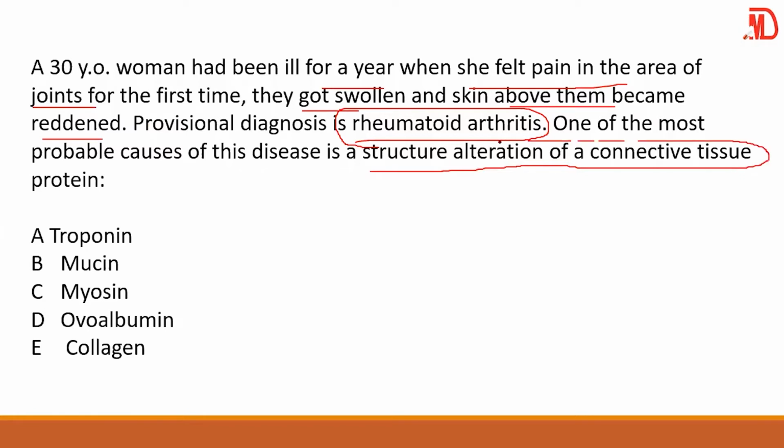One of the most dominant structures of the connective tissue is the collagen fibers. So when there's a problem with the connective tissue, we are thinking of collagen fibers. So here we are thinking of E as our answer.